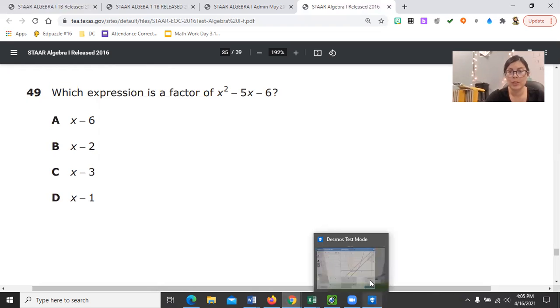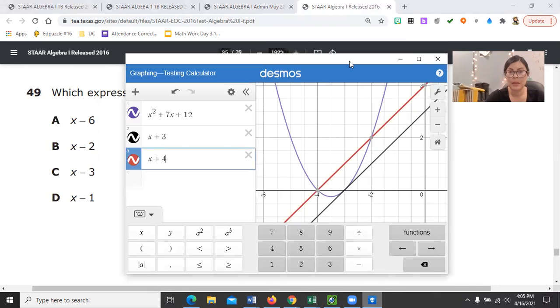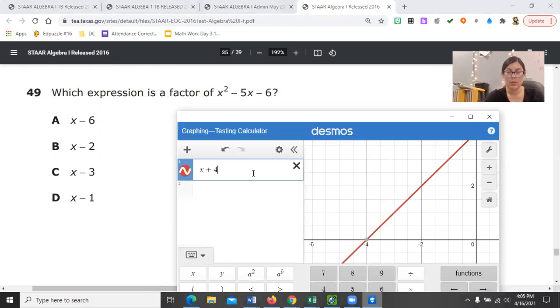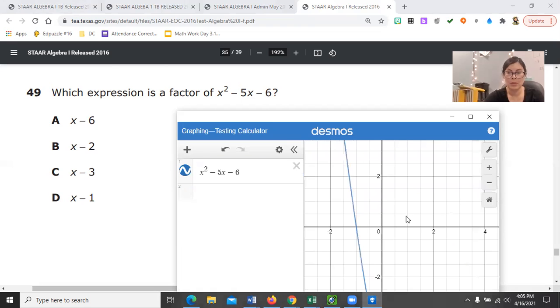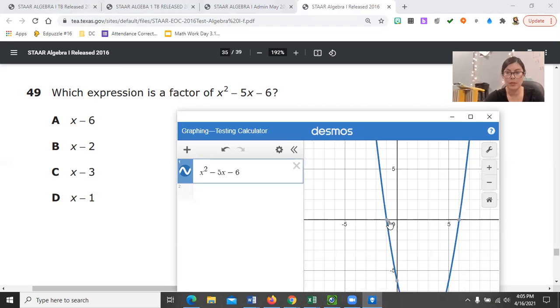So let's put this in the calculator and check your work. I'm going to put that in there, x squared minus 5x minus 6. I'm going to zoom out. Okay, there's my 0. There's my other 0.